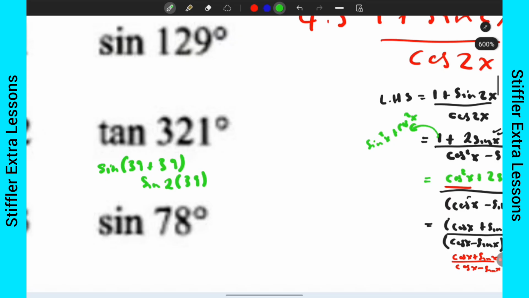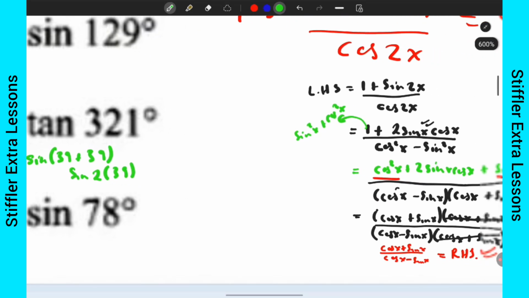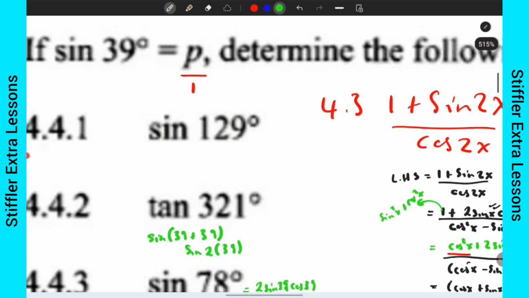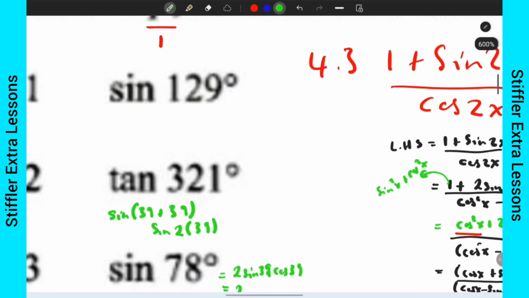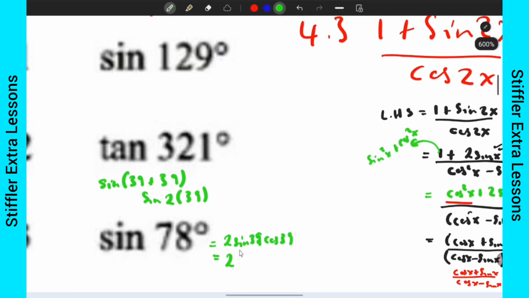So what is the double angle of sine? The double angle of sine becomes equivalent to 2 sine 39 cos 39. So we look, what is the value of sine 39? The value of sine 39 is just p. And then cos 39, it is what?